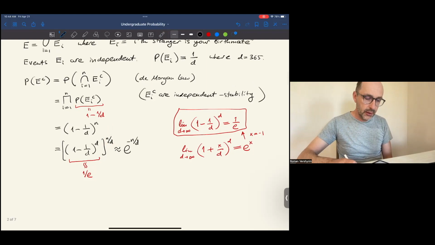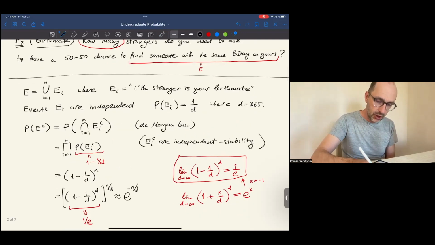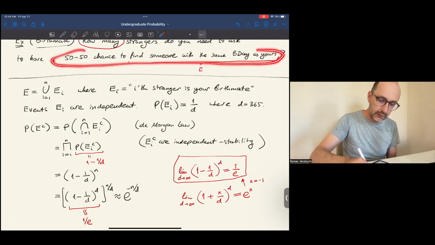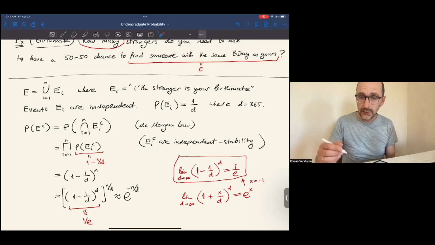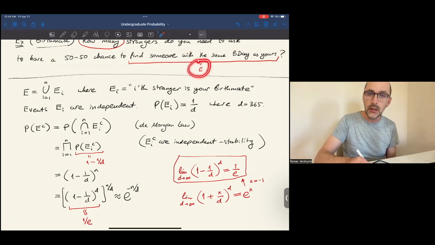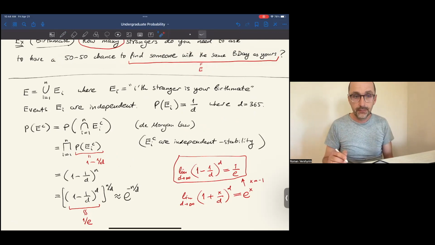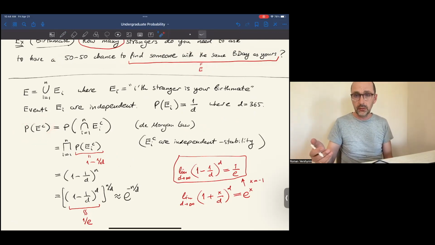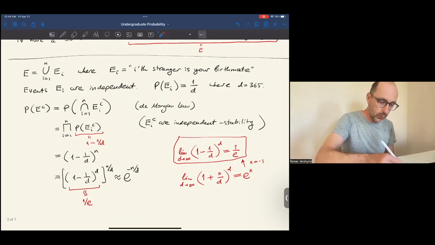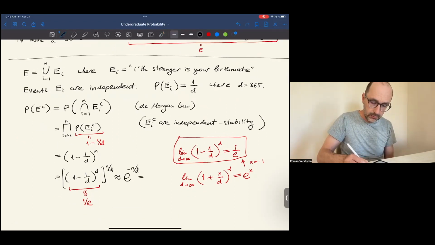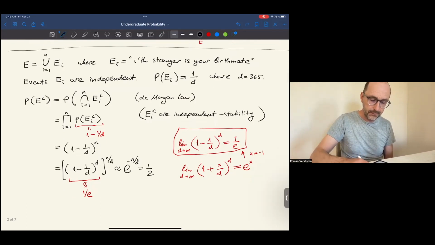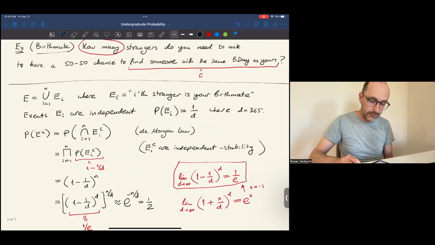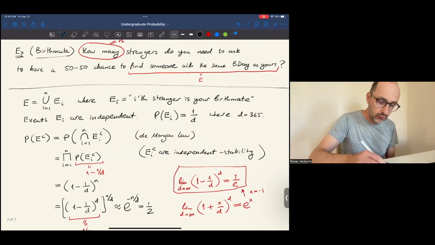We would like to have a 50-50 chance to find someone with the same birthday as yours. In other words, we would like the probability of E to be equal to 1/2. The probability of E complement in this case would also need to be equal to 1/2. So we would like this to be equal to 1/2. And we're trying to find how many strangers we need to ask.